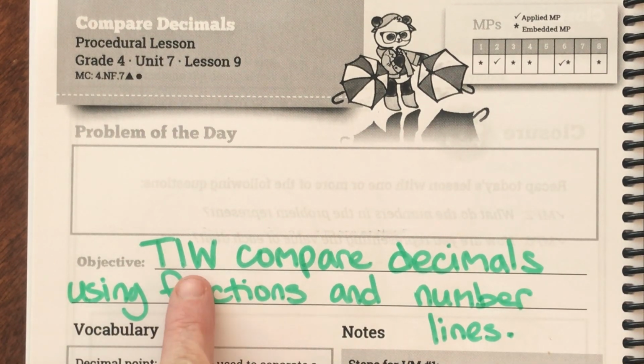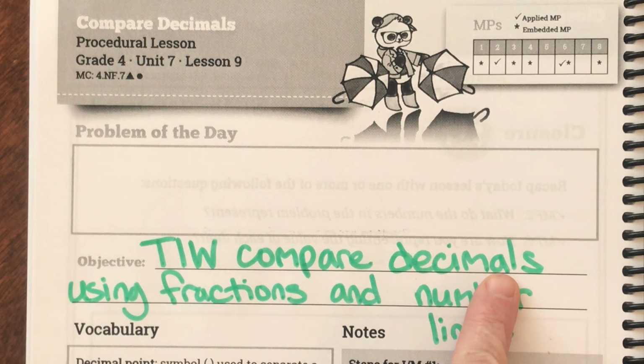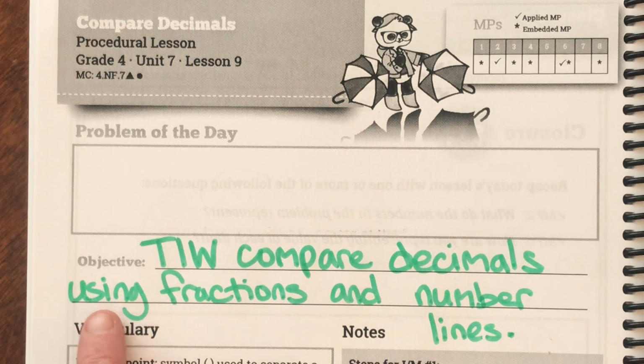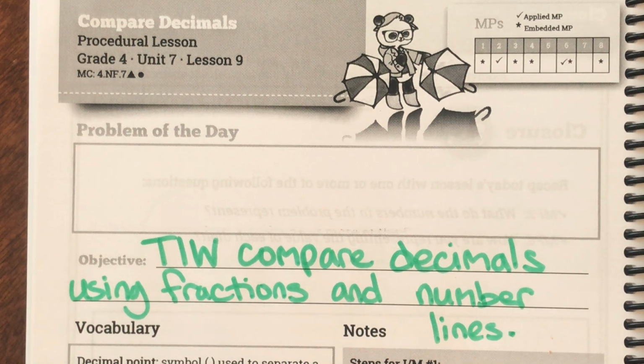Okay, so today I will compare decimals. That's our goal, and our tools we're going to use are fractions and number lines. Those are going to be our tools to do this.